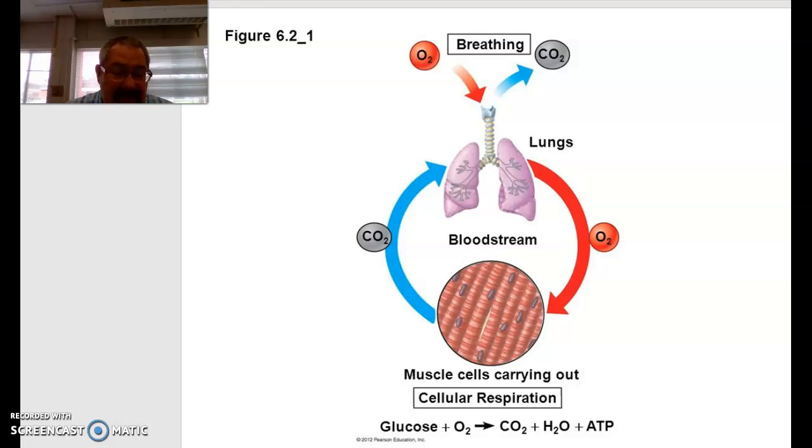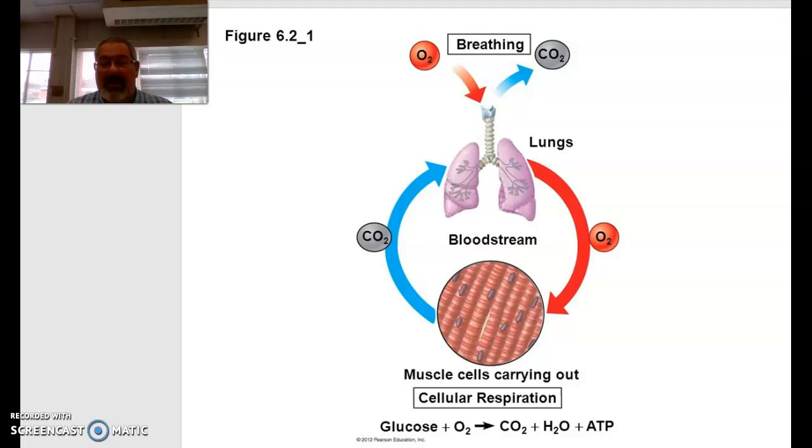The oxidation of glucose, or cellular respiration, results in the release of CO2. It diffuses into veins. Those veins carry that CO2 back to the lungs, where we release it in the exhalation cycle.